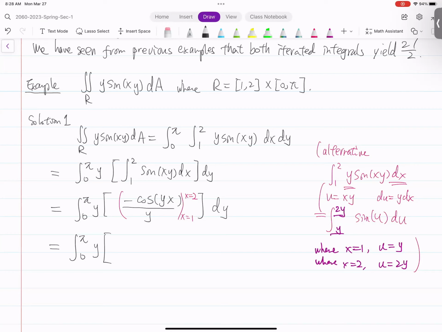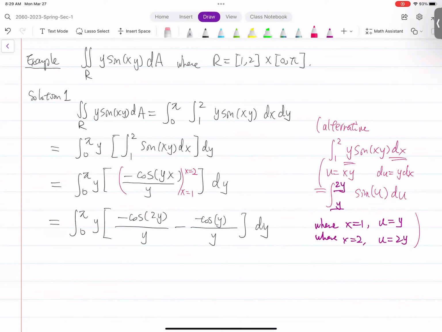Substitute. Okay. So firstly, we have x equal to 2, which is negative cosine of 2y over y plus, okay. We have a minus, but of course, two negatives make a plus. However, we use minus there because we have a correction. Negative cosine of x now is 1, so it's going to be cosine 1.